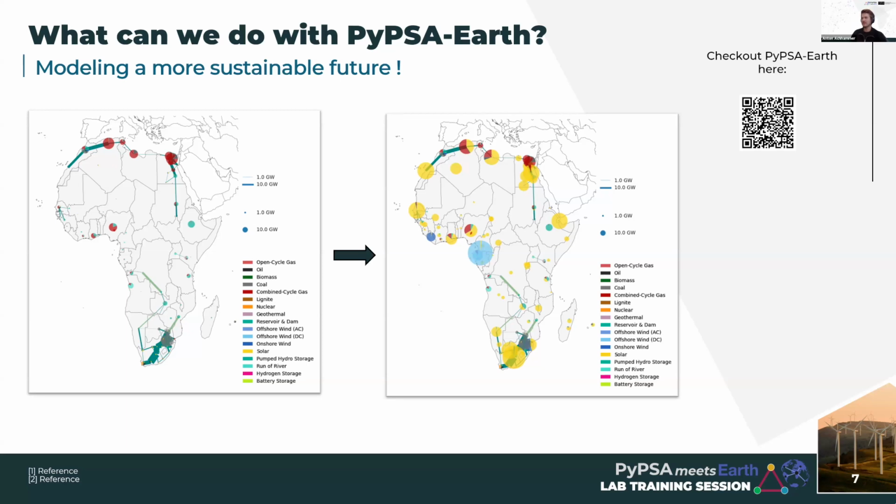And then we can optimize this energy system for a certain year. In this case, we just took a look into the power system only, but you could easily also optimize it with various other sectors like heating, etc. And then we get an optimized energy system for a certain year, for the energy system of Africa, for the future.